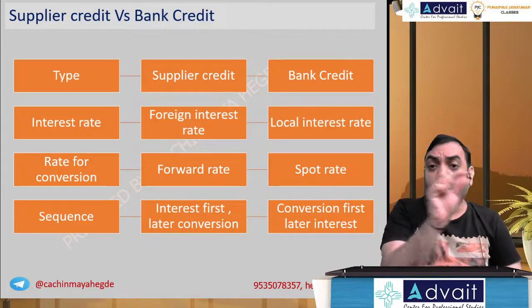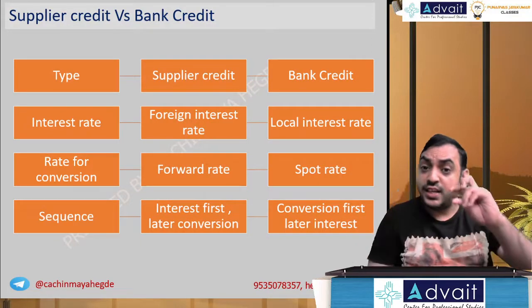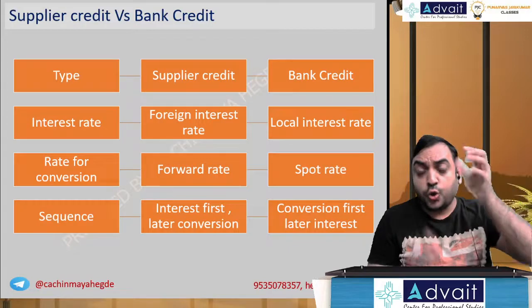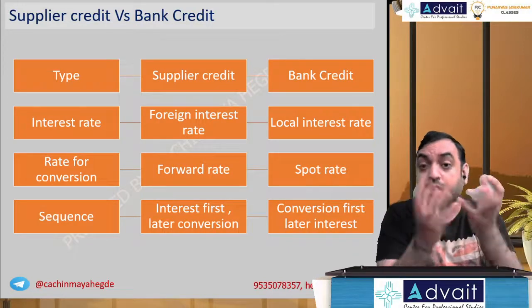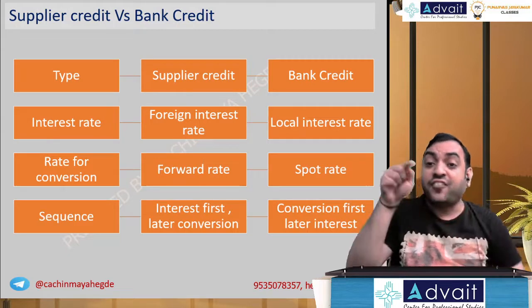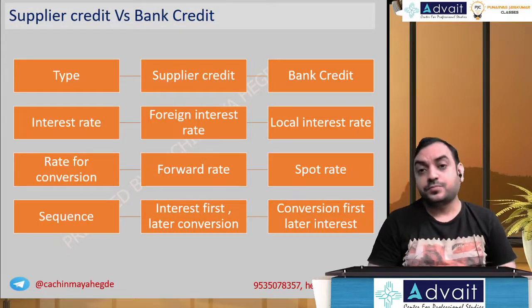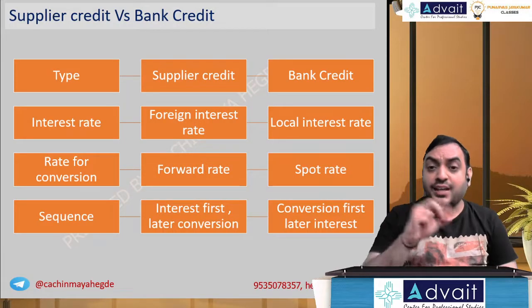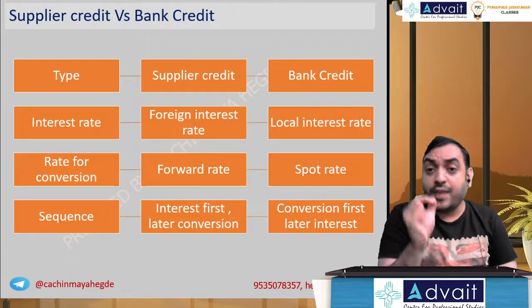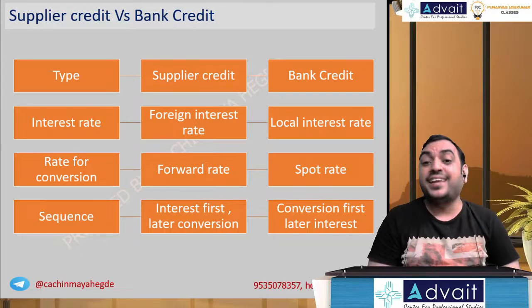The invoice amount plus interest, that is the total amount to be paid to the supplier after 3 months. Let's say, take the 3-month forward rate. That is the effective cash outflow under supplier credit. Alternative 2, the cash flow under bank credit: make the payment immediately. Invoice amount into the spot buy rate.